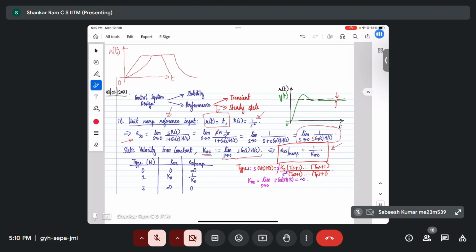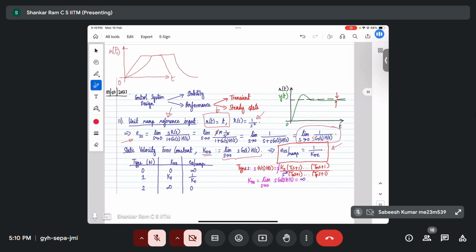Now, if we construct a table and look at the value of N in the type N system, and then tabulate the value of K_VE and the steady state error.